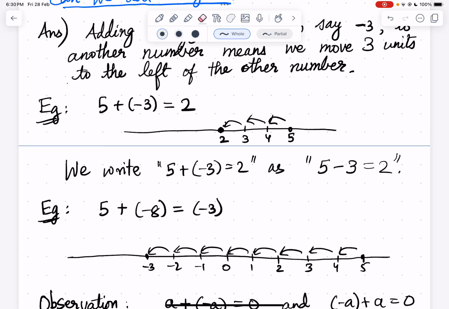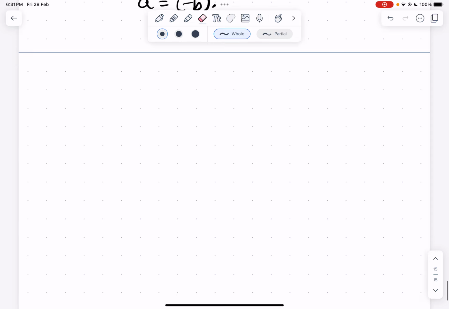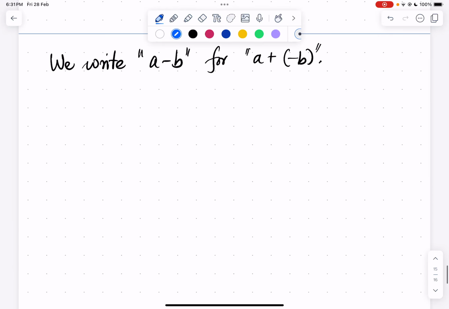We write this equation as 5 minus 3 equals 2. We write a minus b for a plus minus b. So whenever you see a minus b, it is actually a plus minus b.